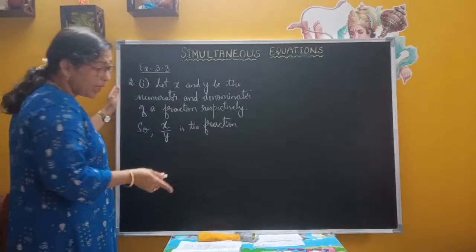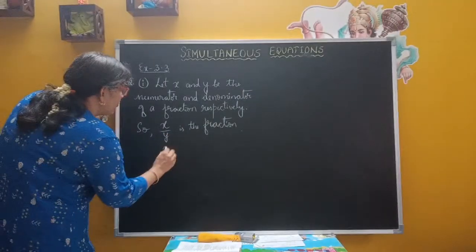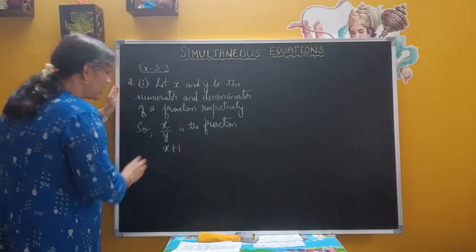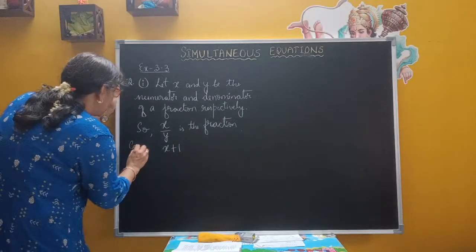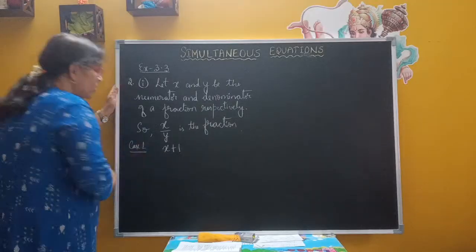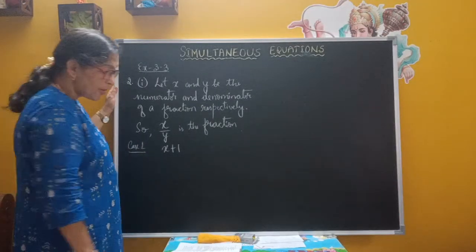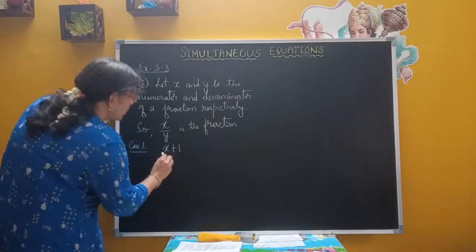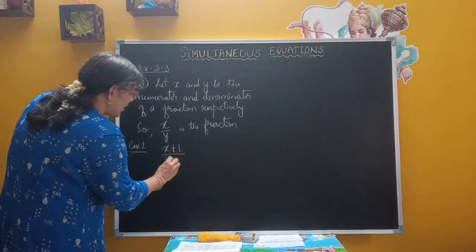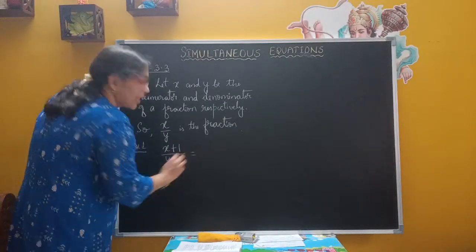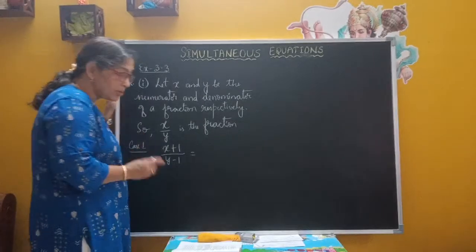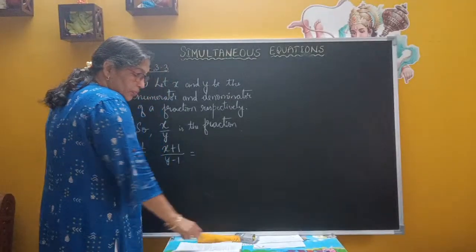Now if you add 1 to the numerator, so we write x plus 1, okay, case 1. In case 1 we add 1 to the numerator and subtract 1 from the denominator, so y minus 1. If we do this, we will get the value 1.